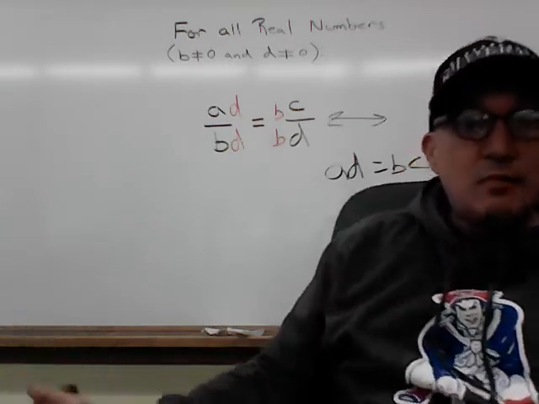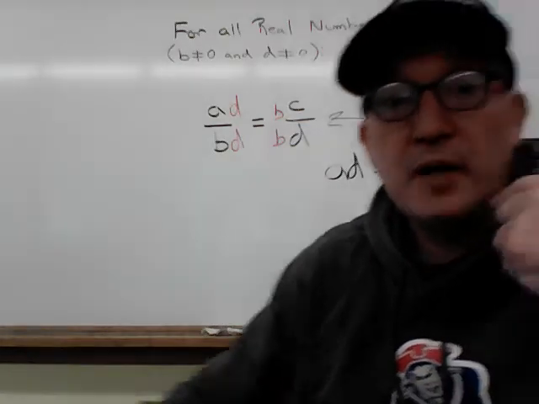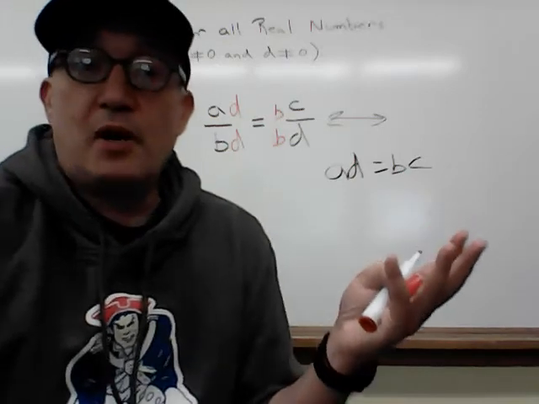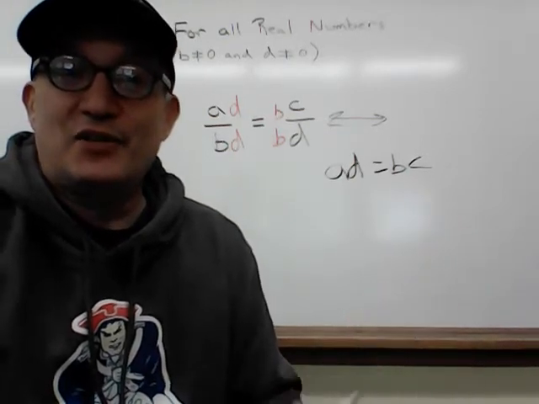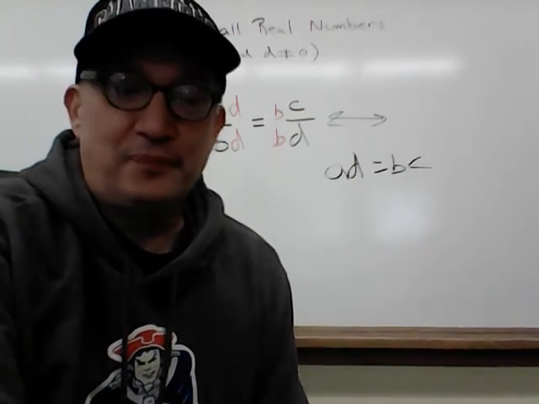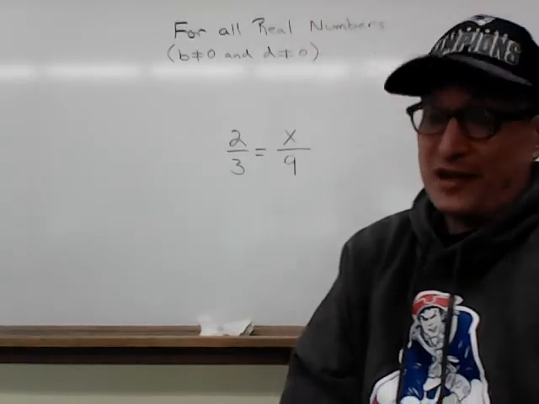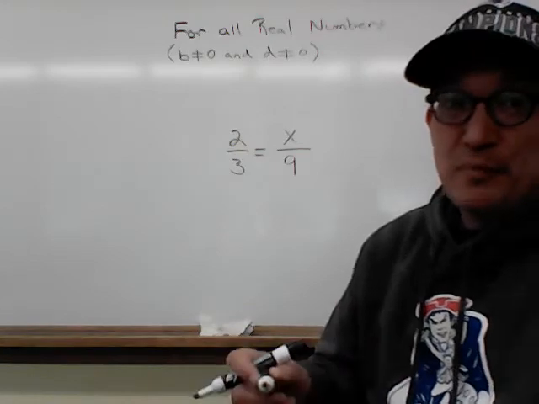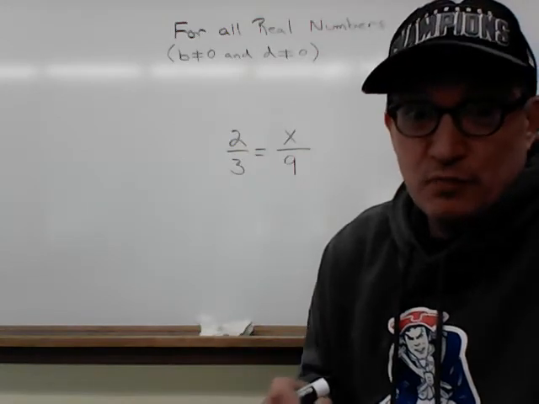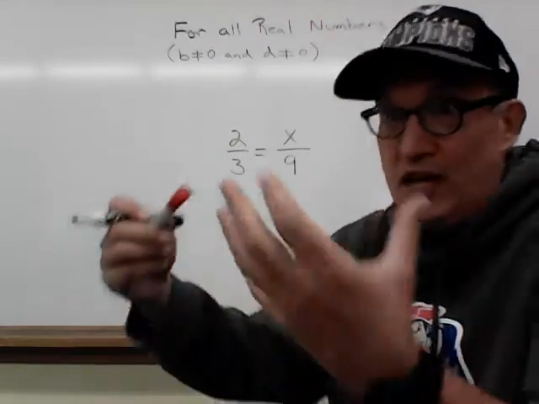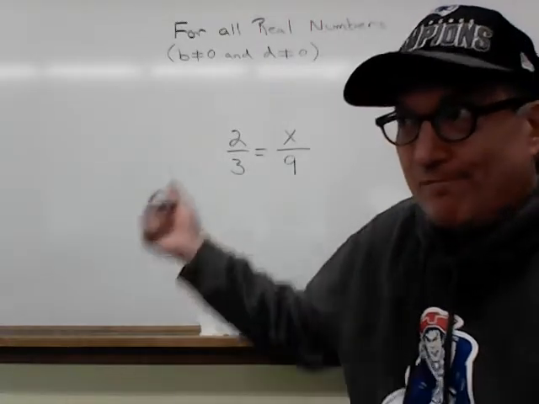AD must equal BC, just because of the more basic truth about equivalent fractions. So let's now look at a few examples. We used equivalent fractions to prove the truth about proportions, to prove the truth about the diagonal cross products of two equal ratios being the same.